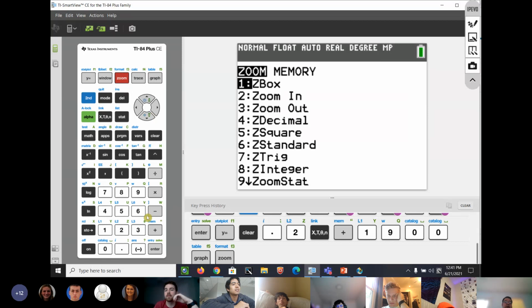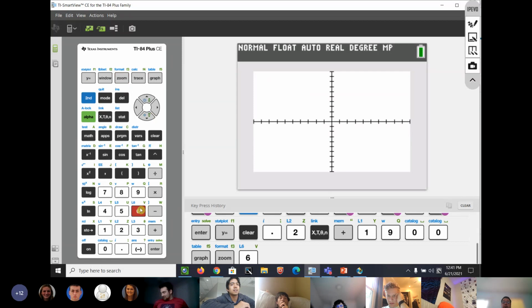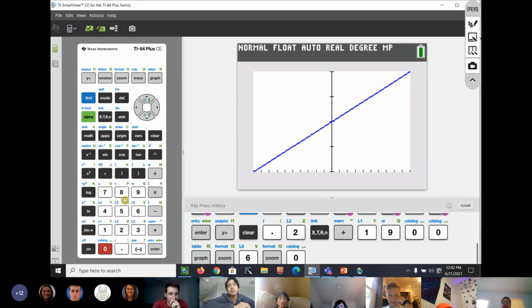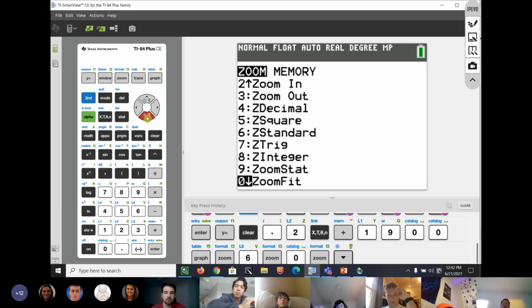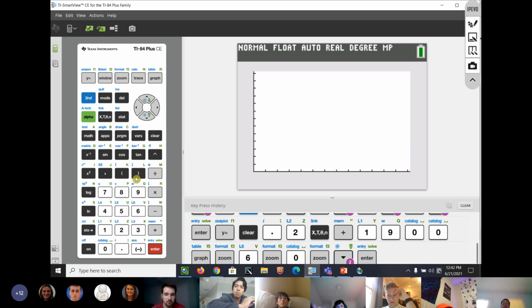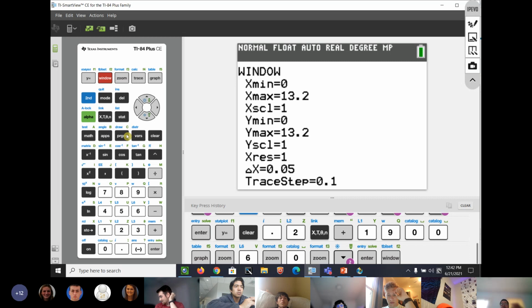Let's go to Zoom Standard. Zoom Fit. There we go. And since the domain is 0 to 5,000, I'm going to go to Window. I'm going to go to First Quadrant. So the y-intercept is 1900, so we got to fix this.